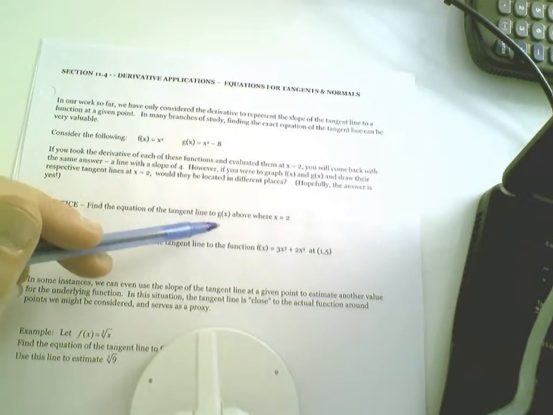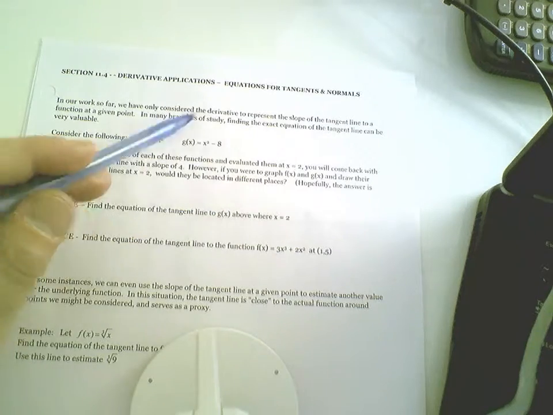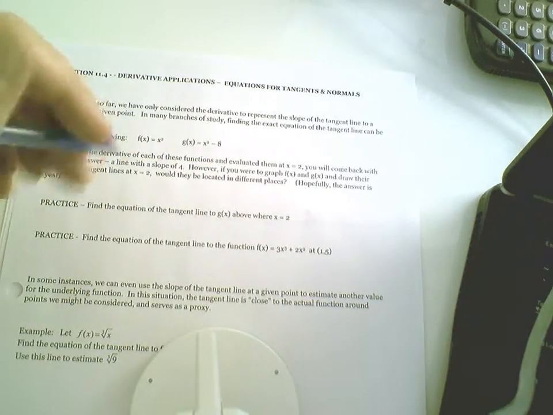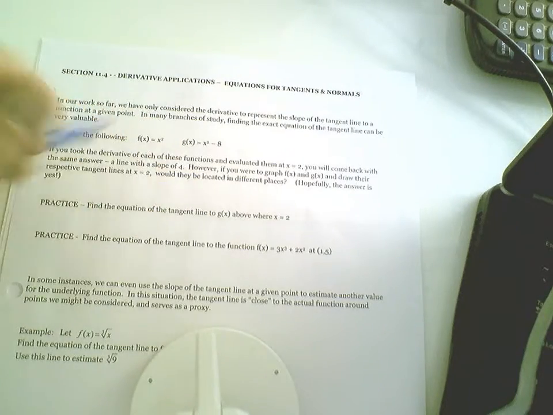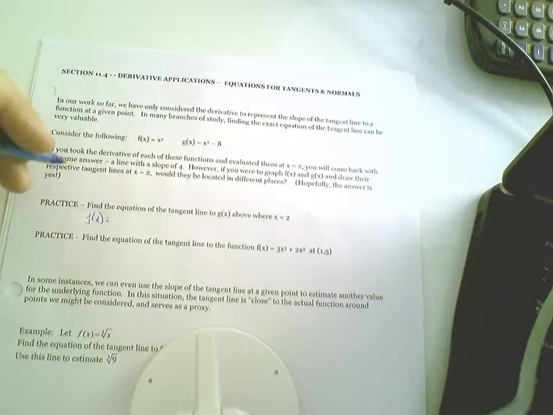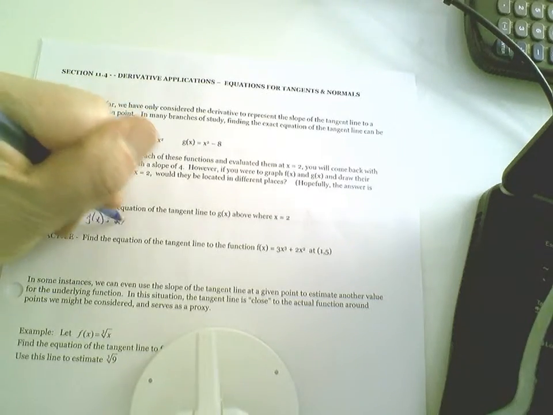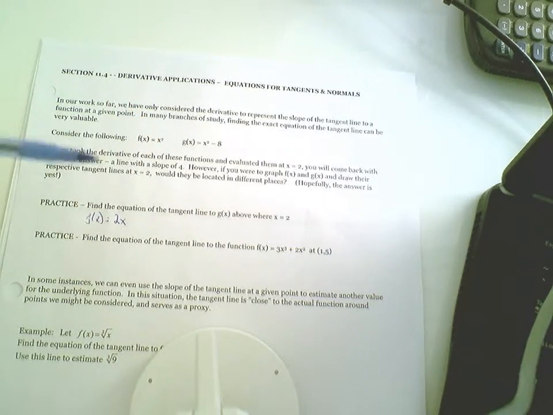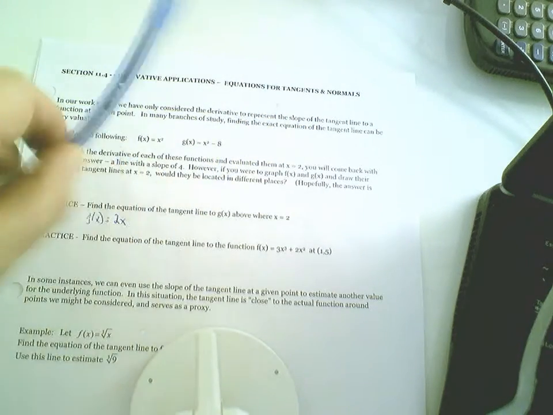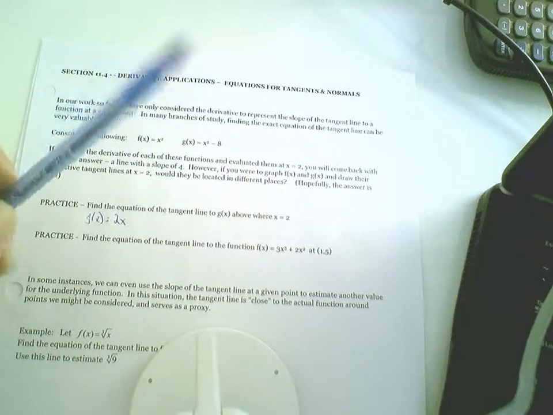Find the equation of the tangent line to the function g of x equals x squared minus 8, where x equals 2. Well, to do this, we need to compute the derivative g prime of x, which in this case is nothing more than 2x. Where do we need to evaluate the derivative? Remember, the derivative is the slope of the tangent line at all the different locations that you can have an x coordinate.